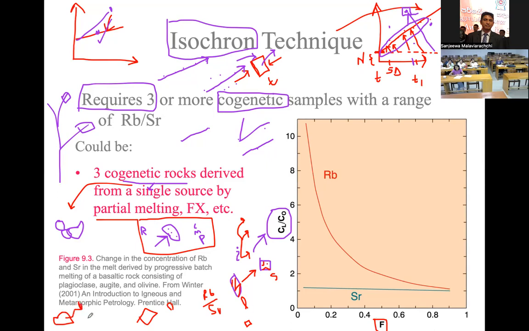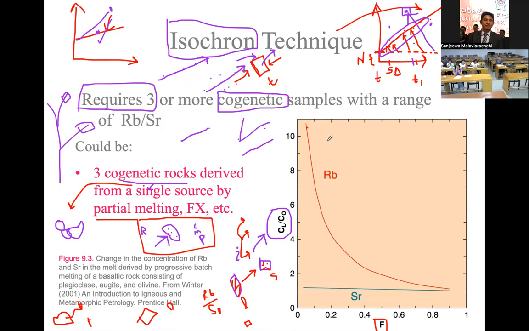It all depends on F. F may be 1%, 2%, 3%, 10%, 20%, like that. With that, you will see how rubidium can be incorporated into the solid phase or into the liquid phase.